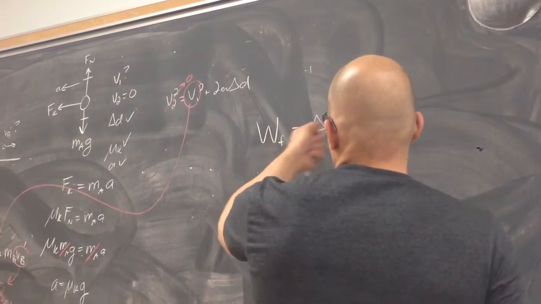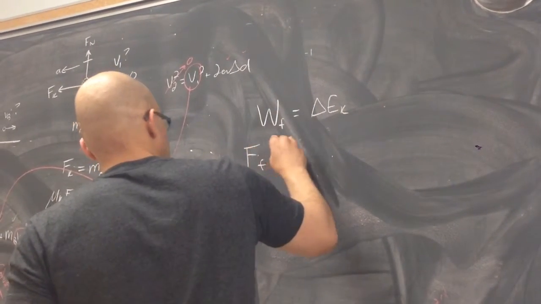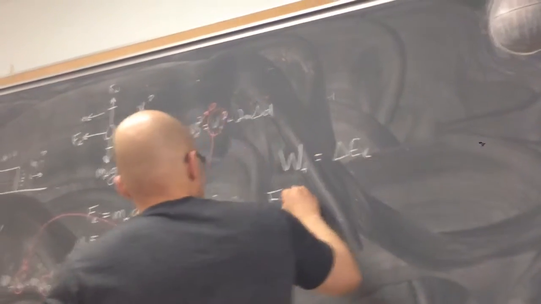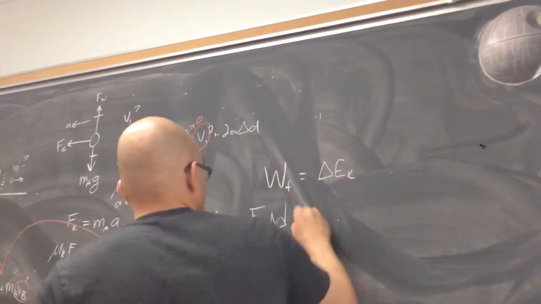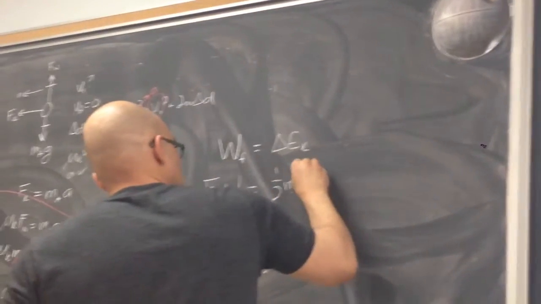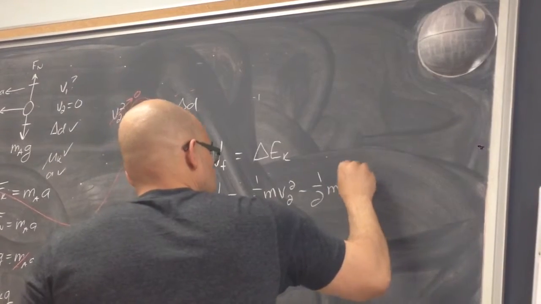So the work done on the block will equal delta EK, and that work done will be the force of friction multiplied by the distance over which that friction is acting, delta d. And that will equal one half m v2 squared minus one half m v1 squared.